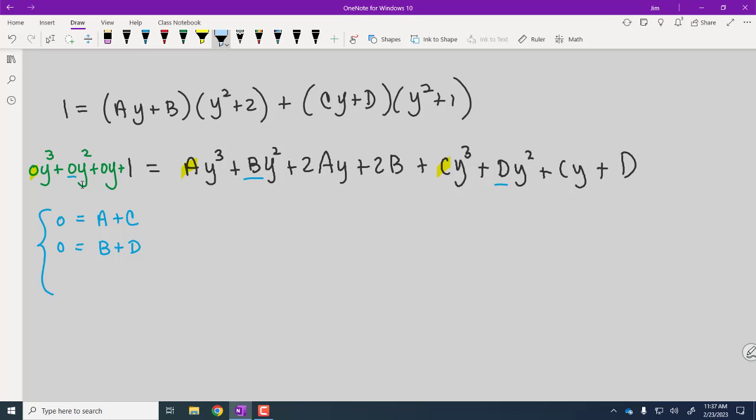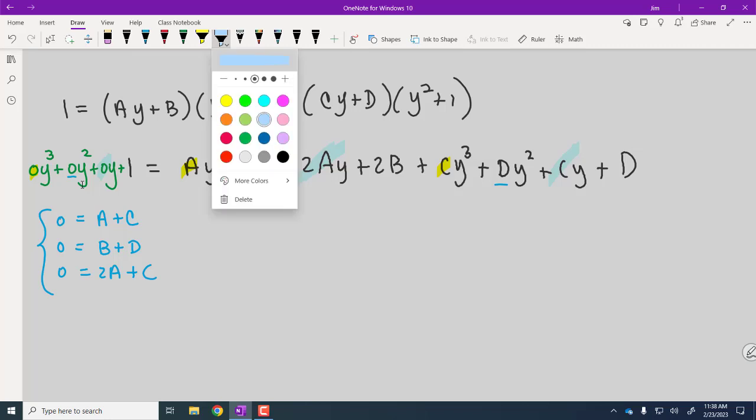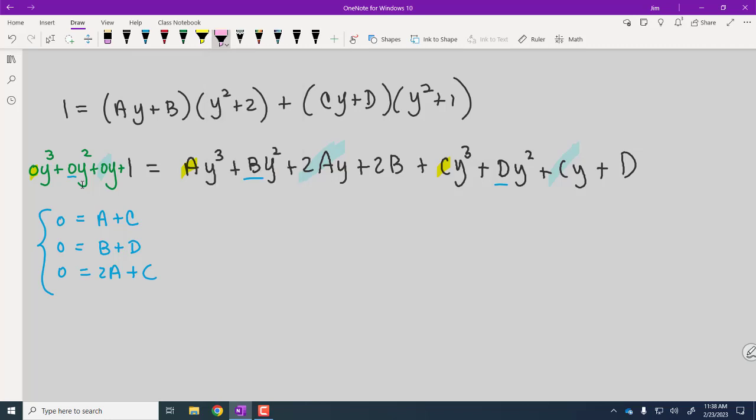And then let's go linear. Coefficient of y right there is 0. There's a coefficient of y, and there's a coefficient of y. So we're going to have 0 equals 2a plus c. And then we have to go to constants. So the constant on the left is 1.